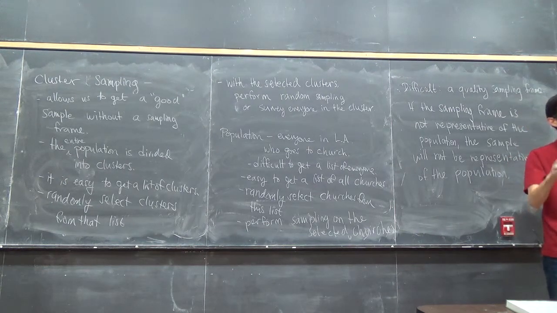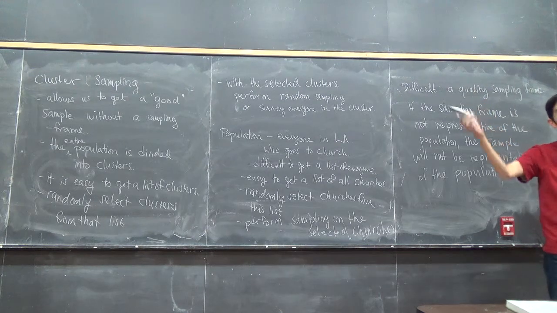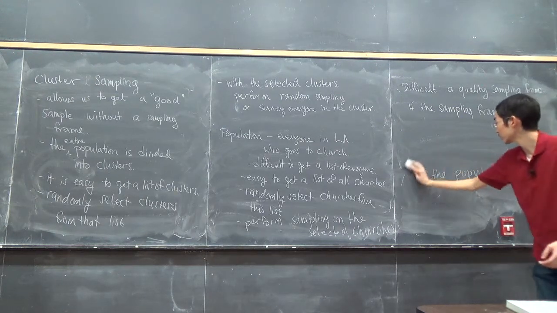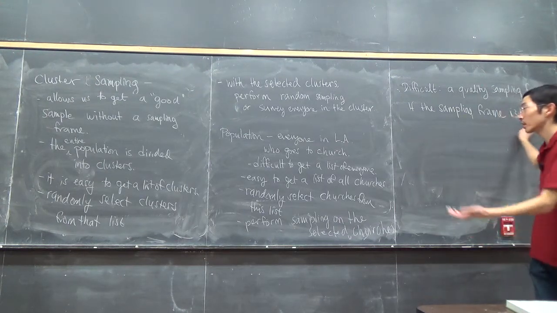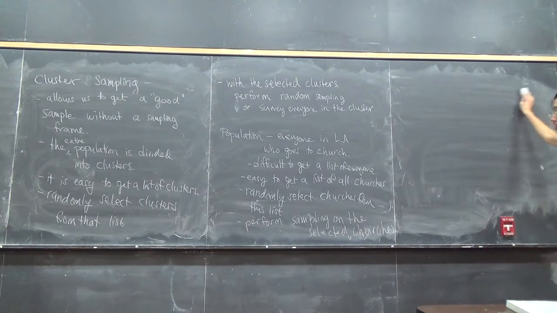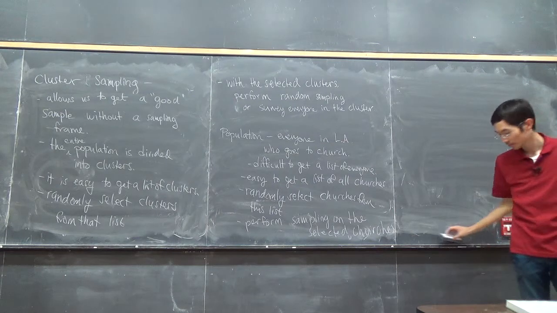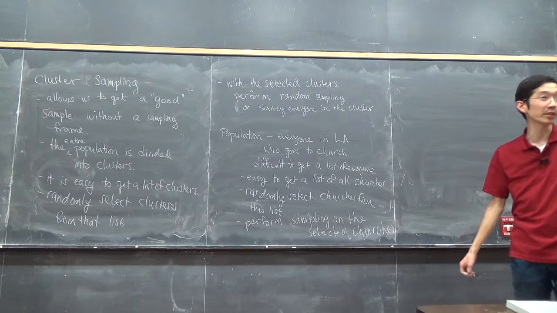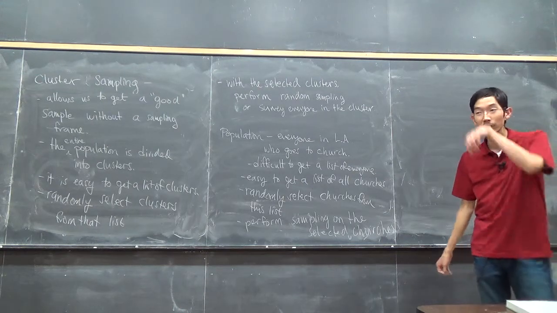Because the clusters each have an equal chance of being selected, but within a cluster, if you go to a smaller church, you have a higher chance of being selected versus if you attended a giant church. So, you know, this is not a random sample, but a lot of times it'll give you something close to a representative sample, which is our goal.